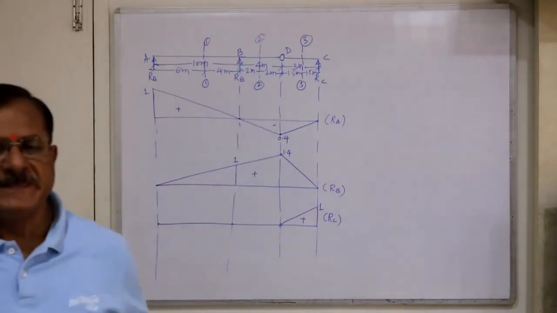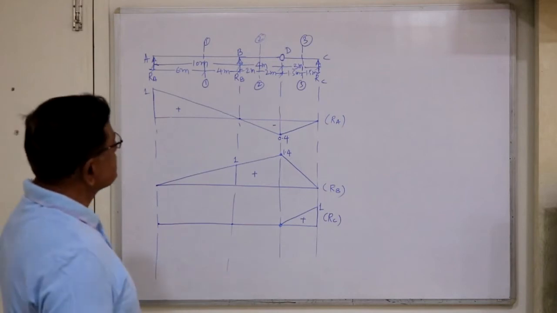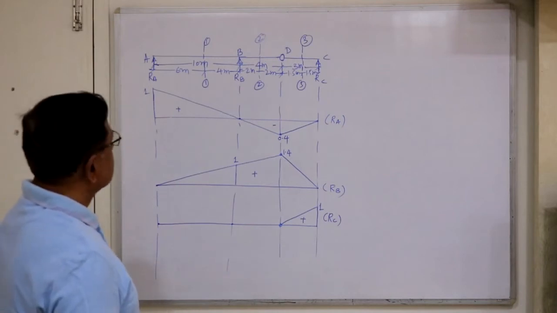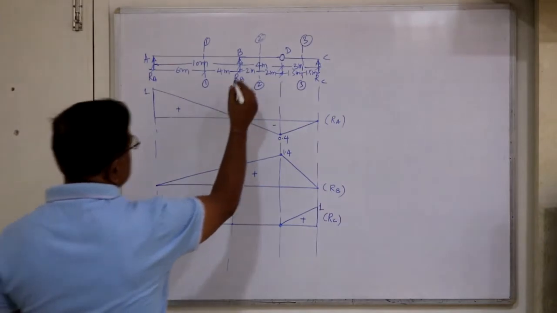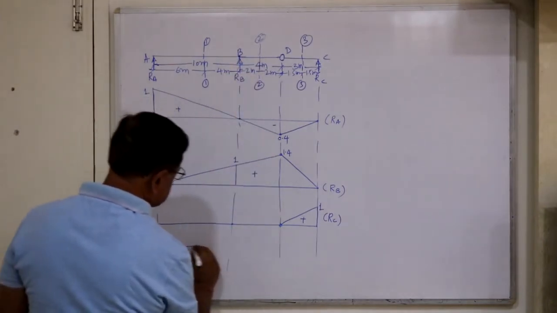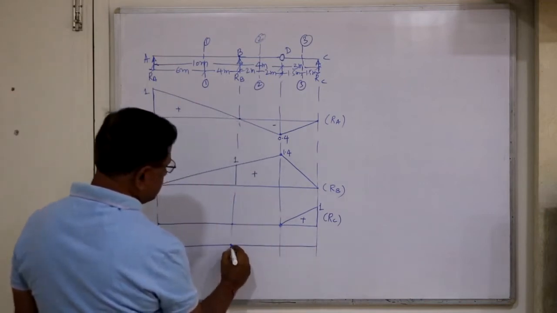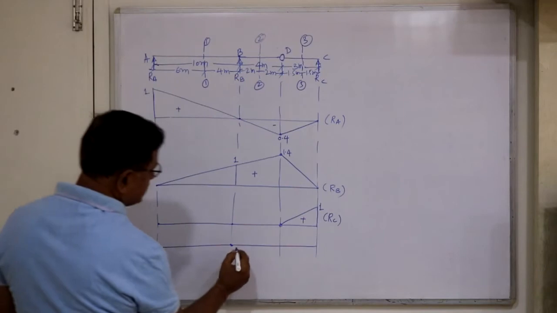Okay. Next, let's consider MB also, we can now construct. Let's consider MB because there is a bending moment at B. So for MB we have to introduce a hinge here, but deflection here is 0, deflection here is 0.